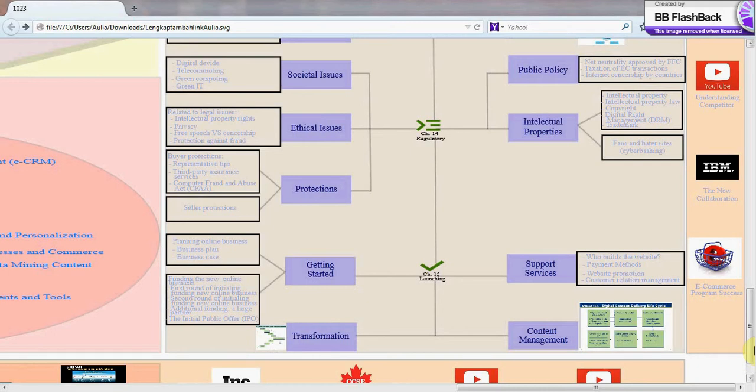Intellectual properties. We will talk about intellectual property law, about copyright, about digital rights management or DRM, and trademark. And in intellectual properties, we can talk about fans and hater sites. Nowadays a lot of cyberbullying in virtual world.